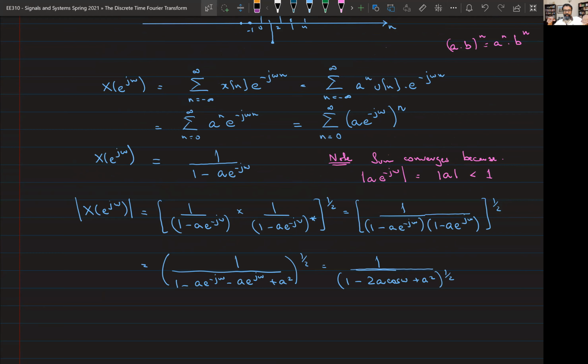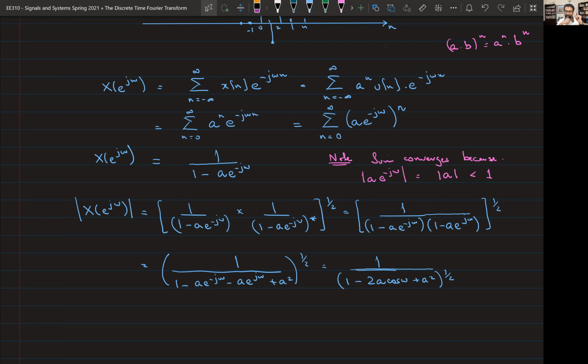When I say X of e raised to j omega converges, that does not mean that X of e raised to j omega goes to 0 as omega keeps on increasing. That's not what it means. It means that its value always remains less than infinity. Okay, that's what convergence means. It never goes up to infinity.